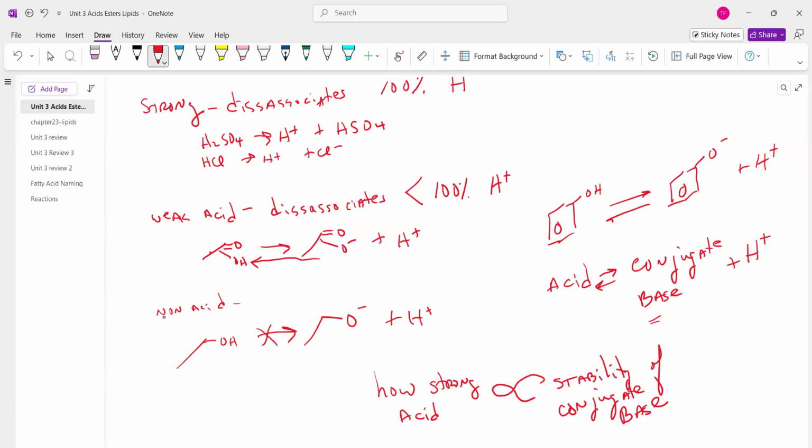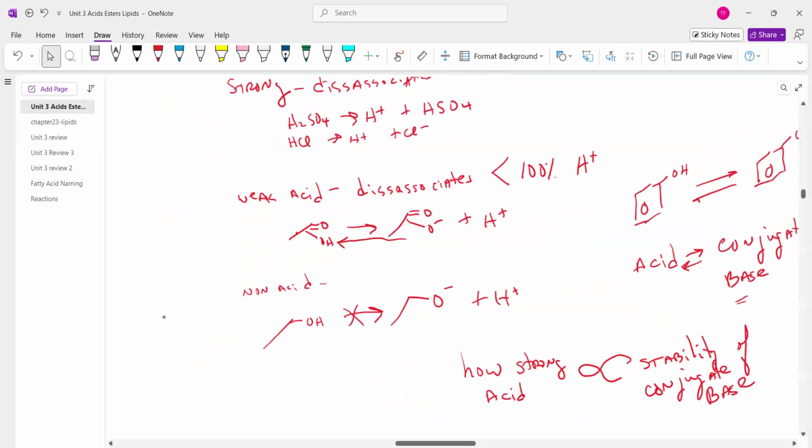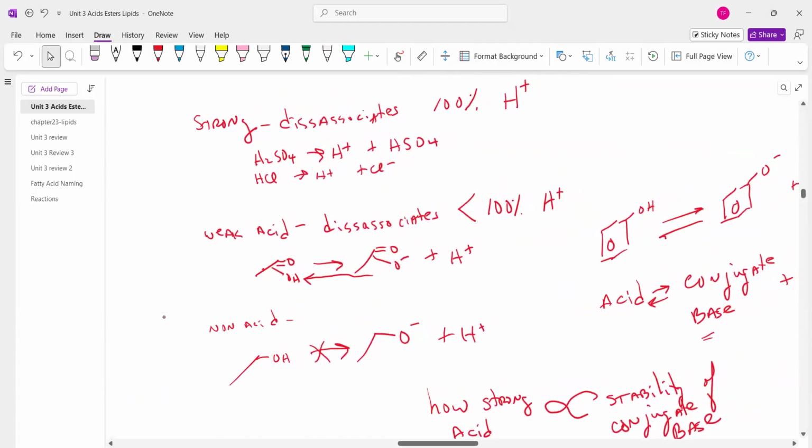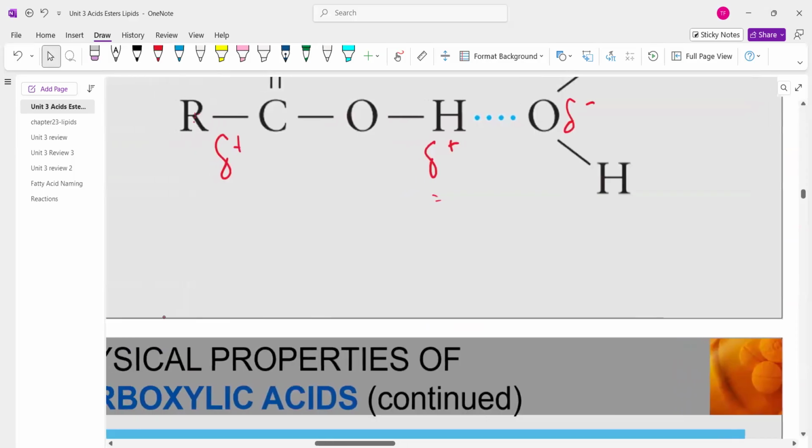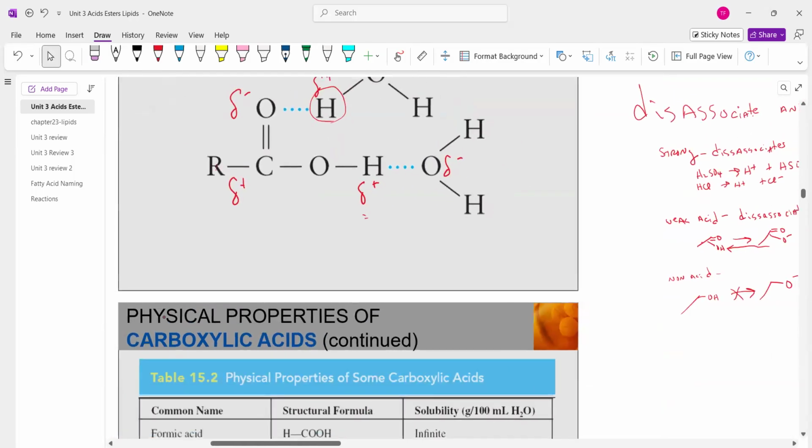If the conjugate base is very stable, then it's a stronger acid. If the conjugate base isn't particularly stable, you have a really super weak acid. Okay, does that make sense? Yeah, I think so far. Okay.